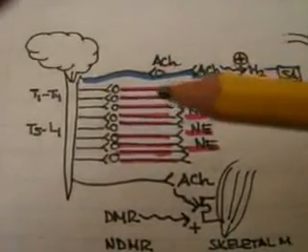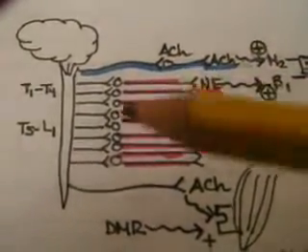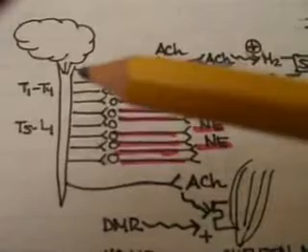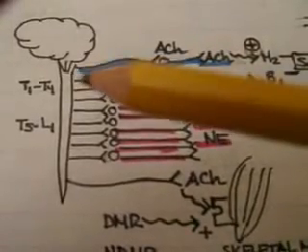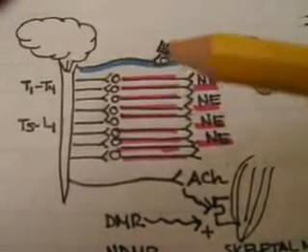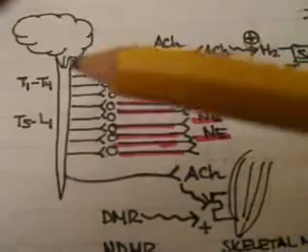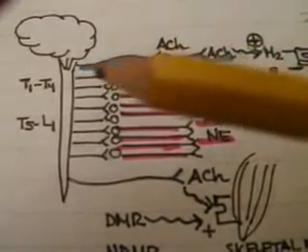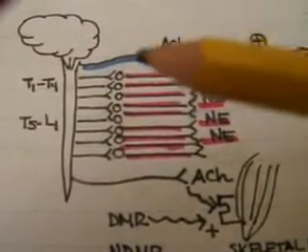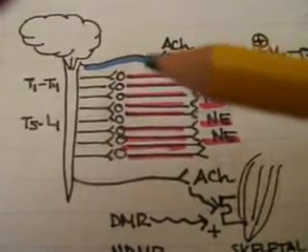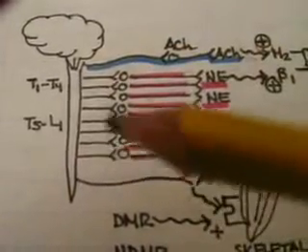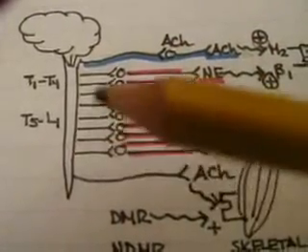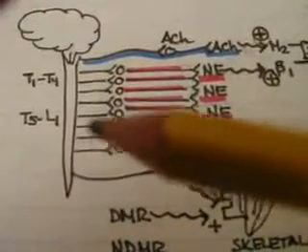Some characteristics that we'll mention now are the fibers that come off the spinal cord prior to the ganglion, which are considered the preganglionic fibers. And we can see here that the parasympathetic preganglionic fiber is generally longer than the preganglionic fibers of the sympathetic nervous system.